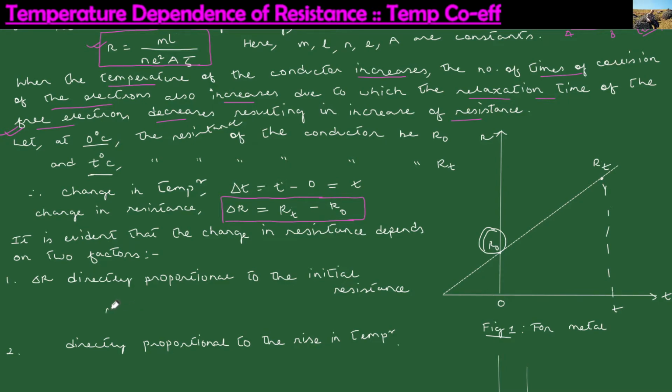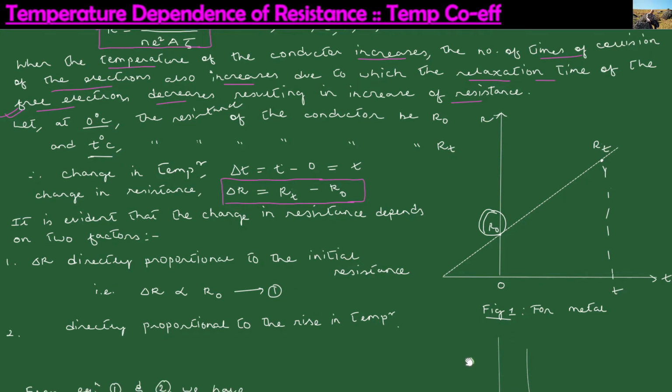So delta R is directly proportional to R0. That will be our first condition.